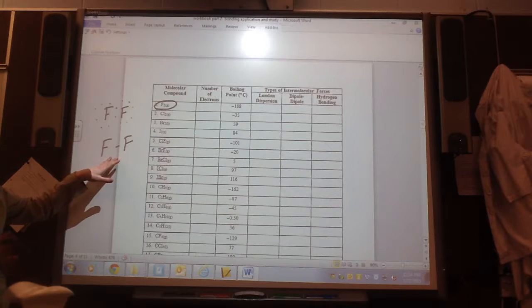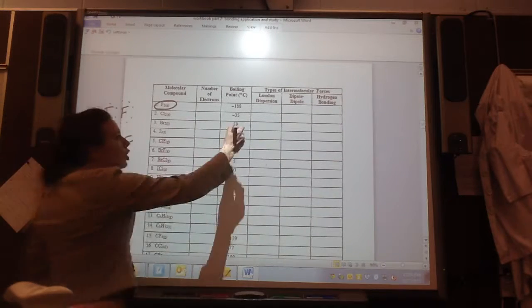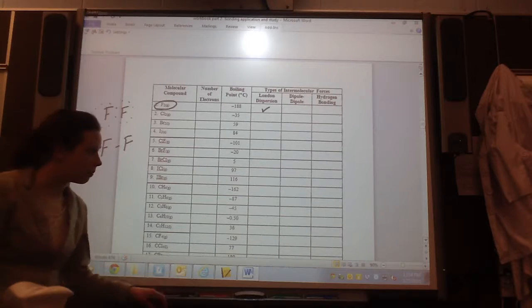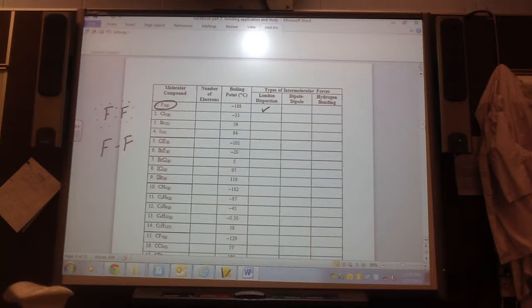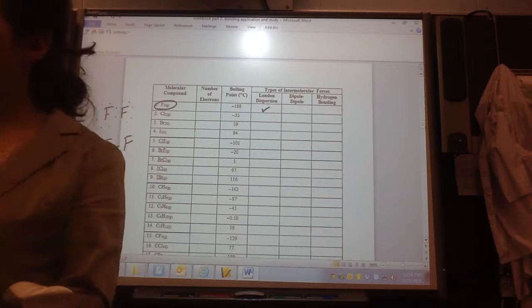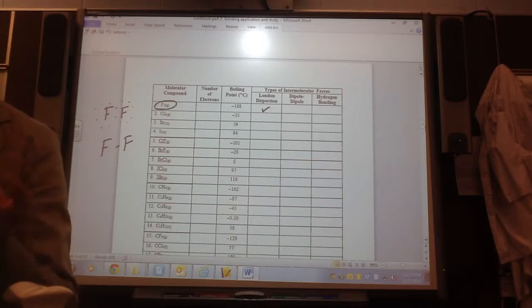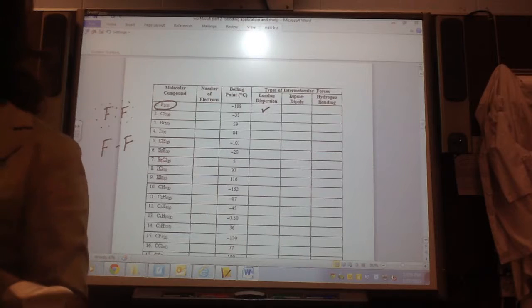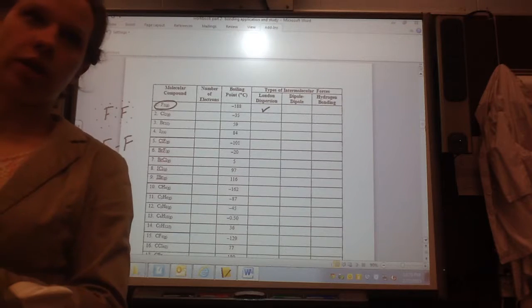No. Is it polar? No. So it doesn't have dipole-dipole. Does it have London dispersion? Yes. So you can just put a check mark in that spot, because that's all that it has. And so then that will help you group everything too. So this type of assignment is challenging because you're really having to apply your knowledge. It's not just memorizing a definition, but applying it to a new situation and scenario.